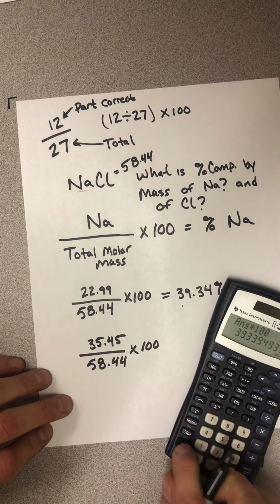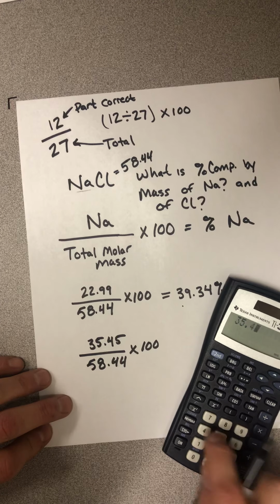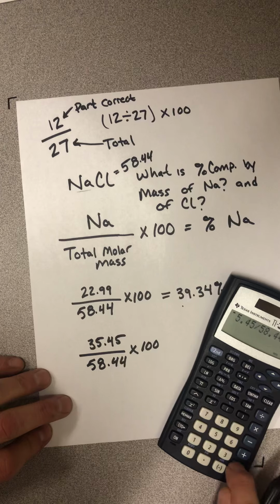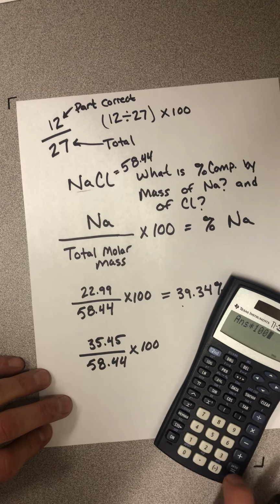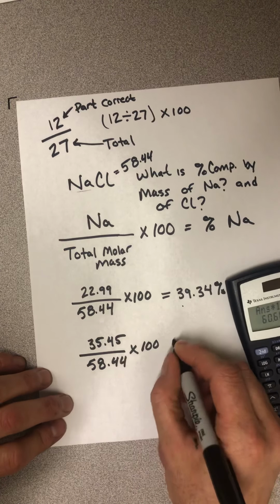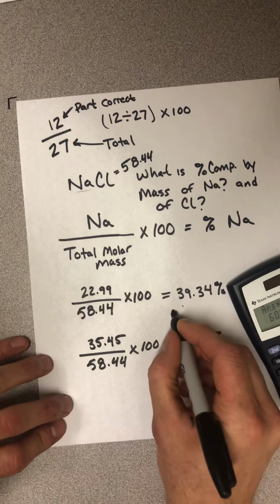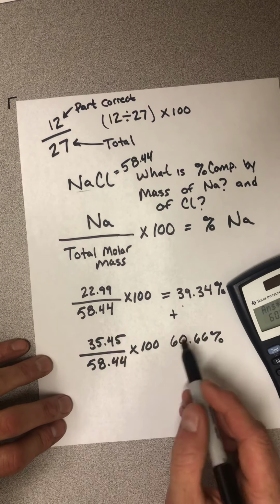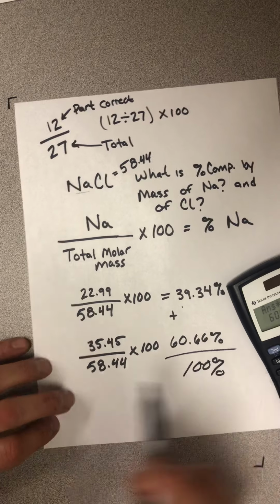Now let's just see what we get here. 35.45 divided by 58.44 times 100 gives us 60.66%. And of course this number, 39.34, and 60.66 will add up to 100%, right? That's what you're looking for.